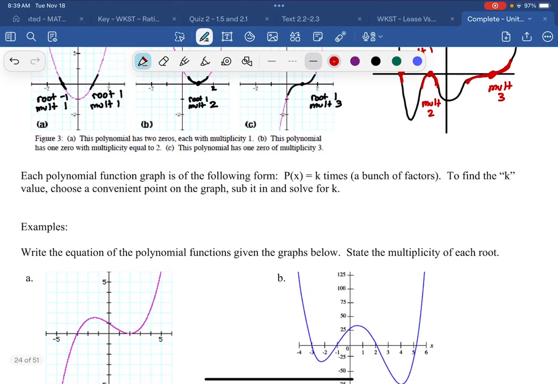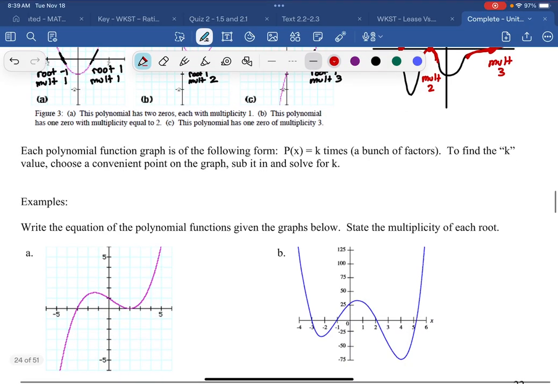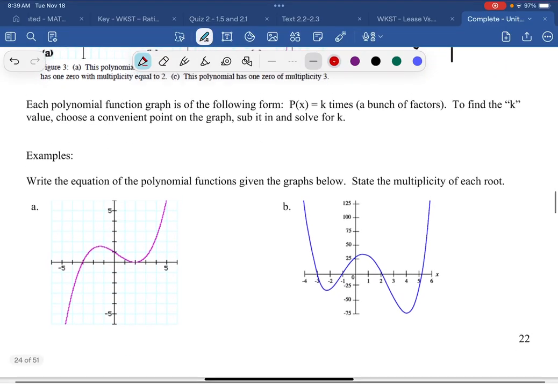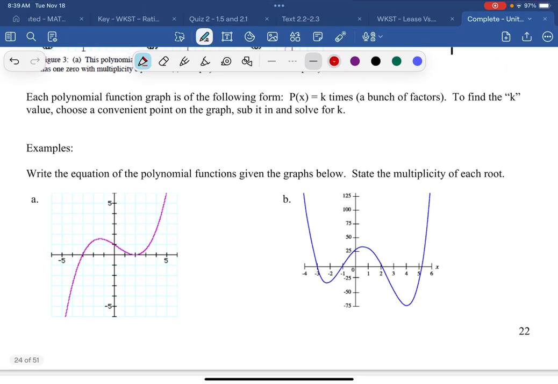So we'll look at a couple of examples because we need to write the equation of a polynomial given the graph. You know there are ways to handle this that involve technology, but the problem that you run into with that is that it's going to be sort of limited to what you're able to observe from the function.